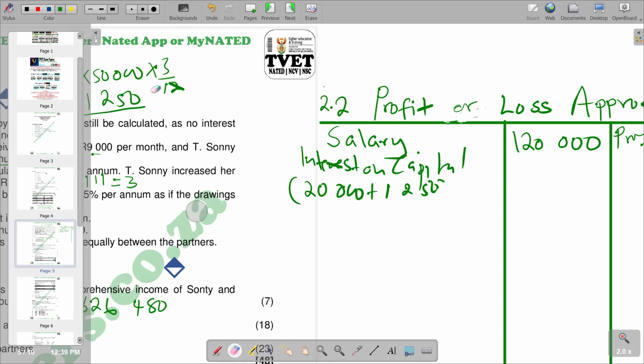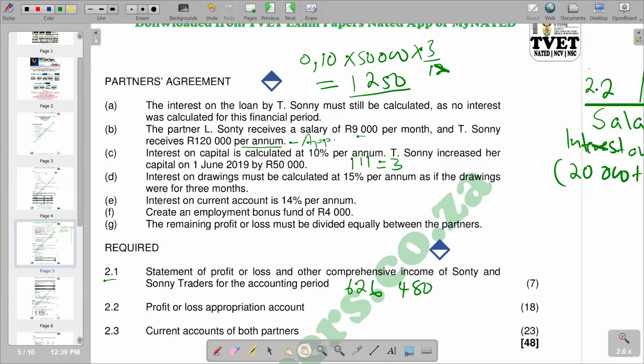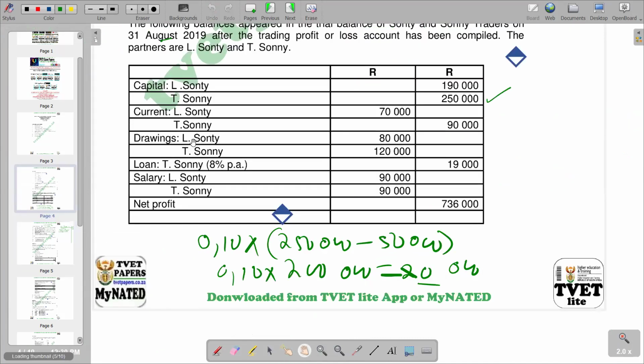If you come here, we also have the other partner, whose capital is 190,000, and remember our rate is 10%.